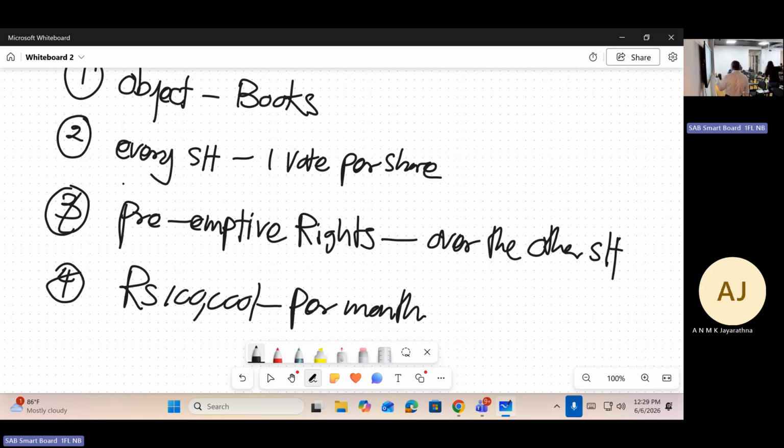Every director is entitled to receive a monthly salary of 100,000 rupees per month. Another provision mentioned in the articles.